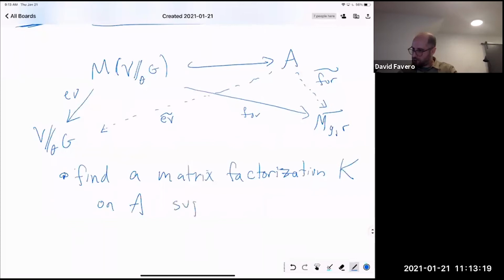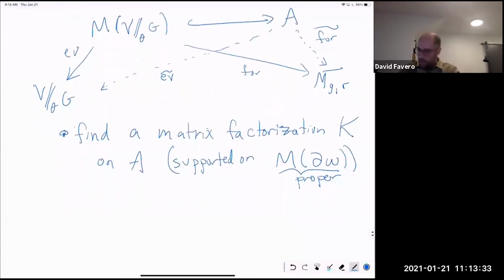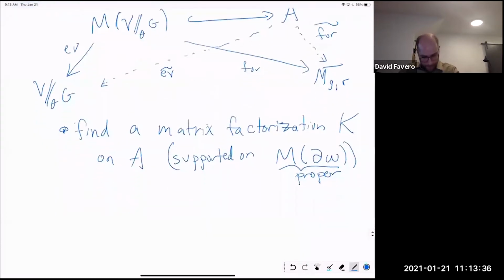And this is proper. It's a proper Deligne-Mumford stack, but not smooth. And then the virtual cycle will be roughly the Todd class of something. This is to be explained.